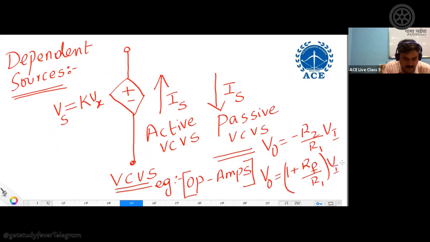Correct or not? So this is one very good example of a voltage controlled voltage source. Output voltage is completely controlled by input voltage by multiplying with a gain factor K. So this is one best example of voltage controlled voltage sources.